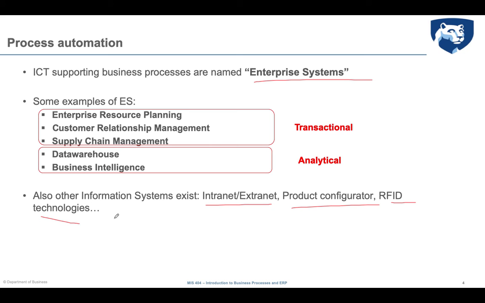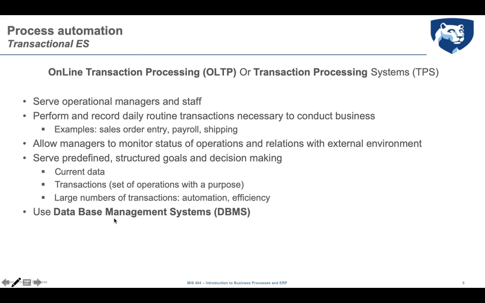In particular, in this regard, we distinguish between what are called online transaction processing and transaction processing systems, so OLTP and TPS, which differentiate transactional and analytical systems. The transactional systems, or online transaction processing or transaction processing systems, are all that we can include among the operational information systems.